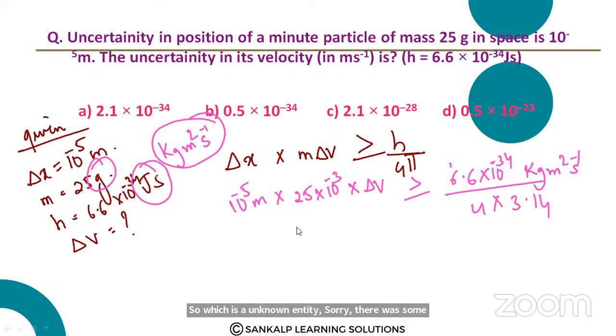So which is the unknown quantity here? Delta v is the unknown here. So how will we take it now? This is the unknown.